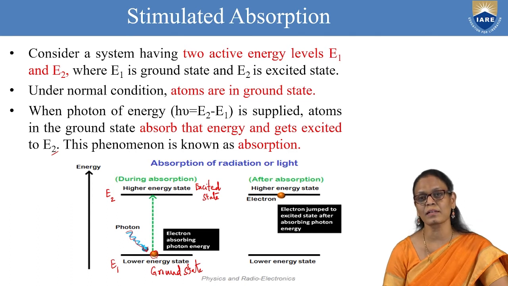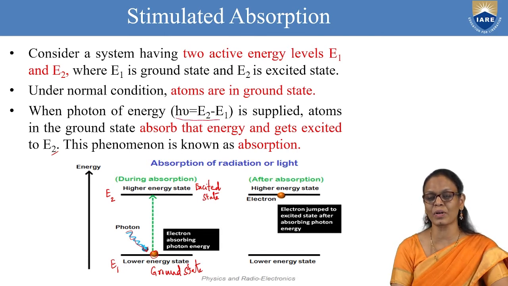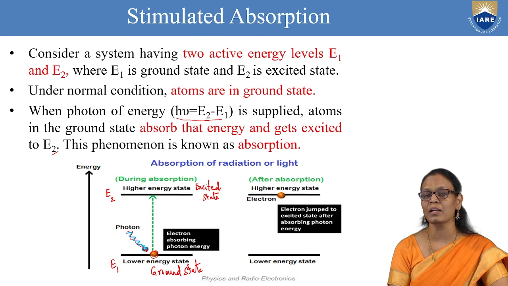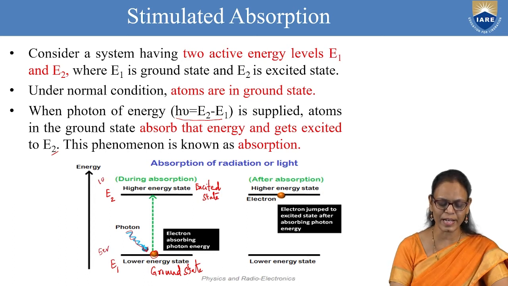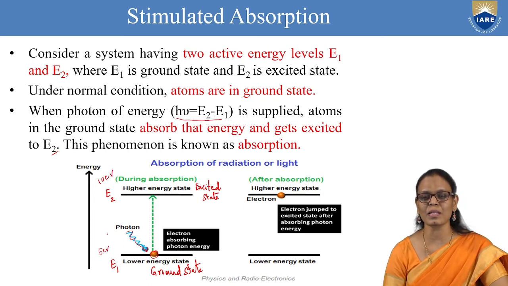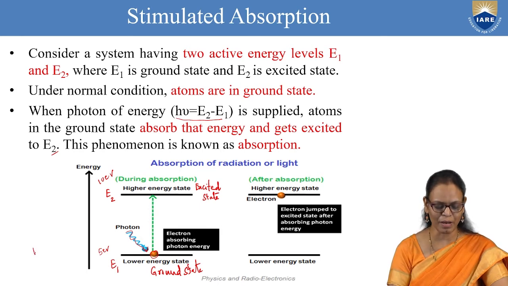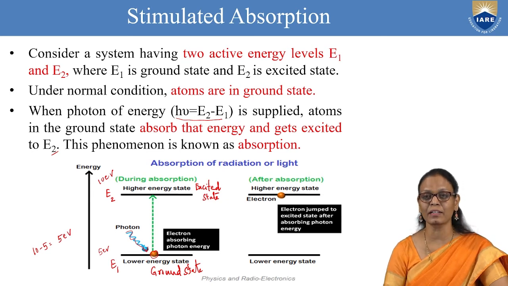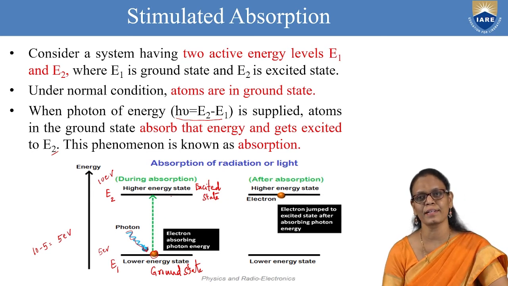When this atom gains this energy, and it is sufficient, h nu is equal to E2 minus E1, at least a minimum of energy equal to the difference between the two levels. Suppose this is at 5 electron volt and this is at 10 electron volt. So we need to supply a minimum of 10 minus 5, that is 5 electron volt, for this atom to get excited to the higher energy state.